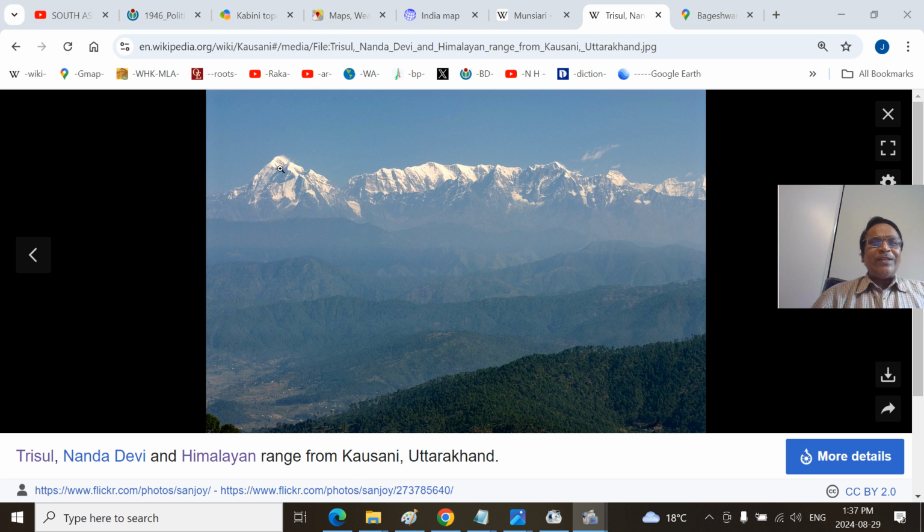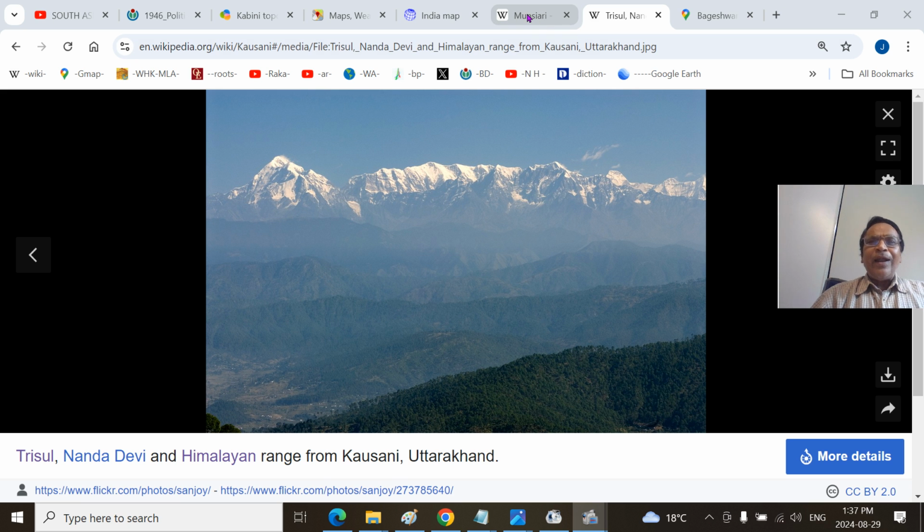This is Trishul mountains. Remember, Trishul, you can see the three points of the trident of Lord Shiva. This is the Nanda Devi mountain. Nanda Devi is the biggest mountain, around 78, 80. If you remember 7777, you will not be lost.